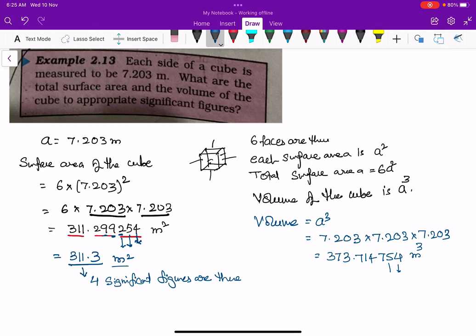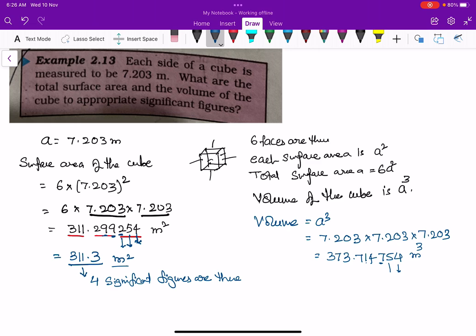This is dropped but we add 1 to this one, 8. Now again, this 5 can be dropped.